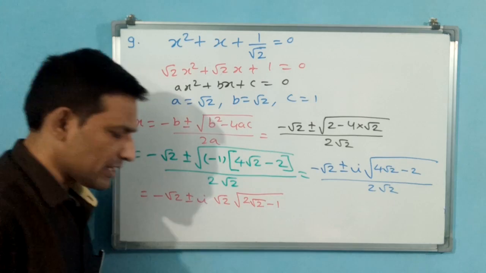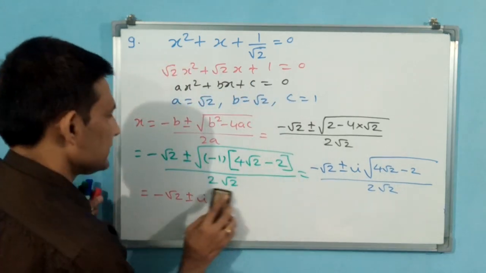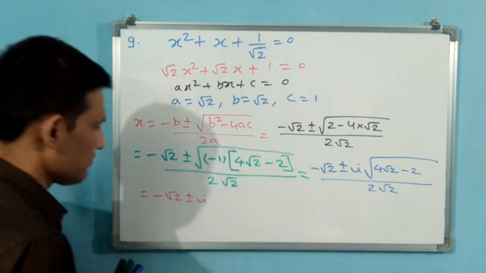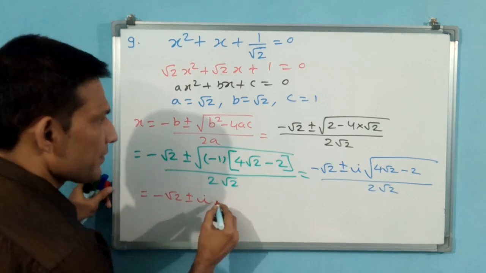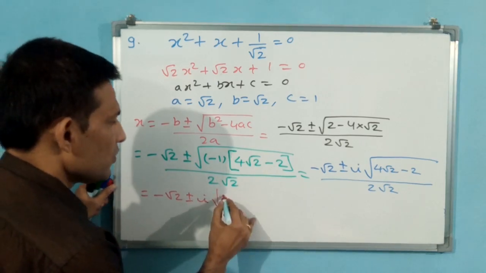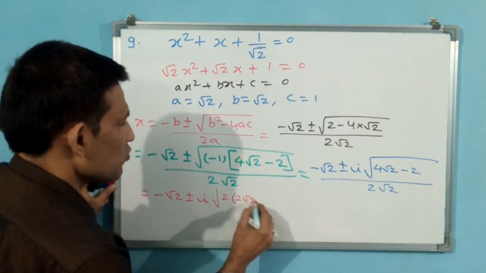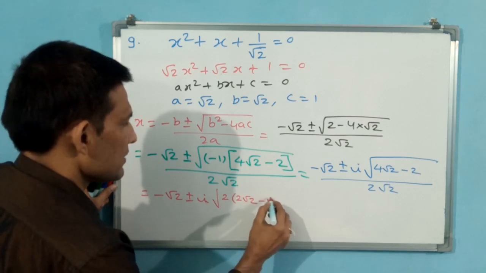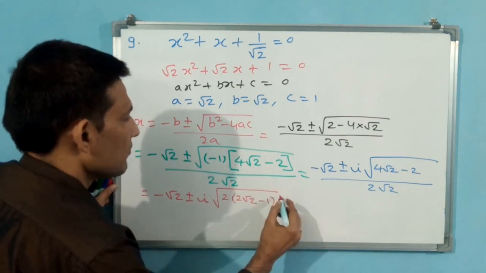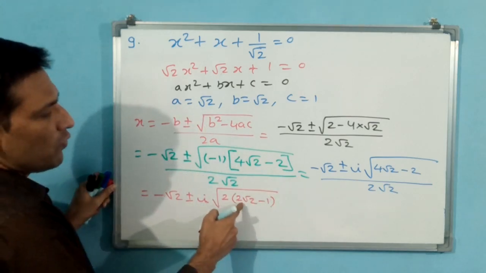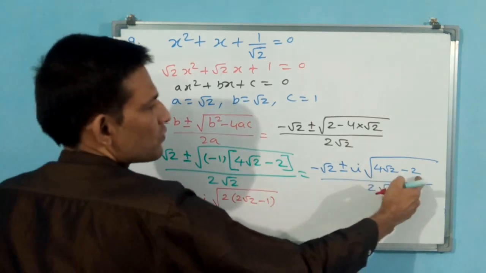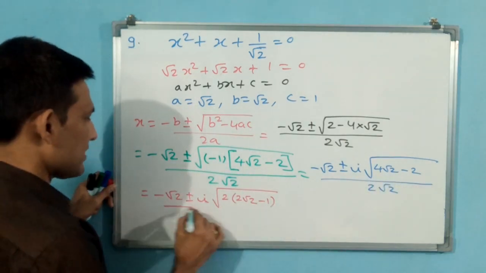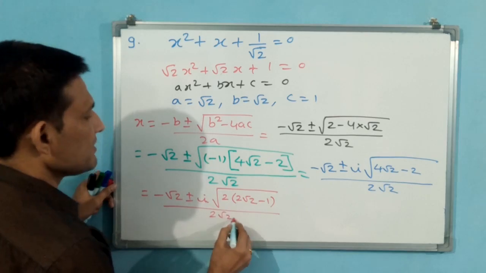Have you understood this, or shall I make one more step? I am going to make one more step, you see. I under root 2, if I take common, 2 root 2 minus 1 is going to become. Okay, 4 root 2, 2, I have taken common 2 root 2. Why?